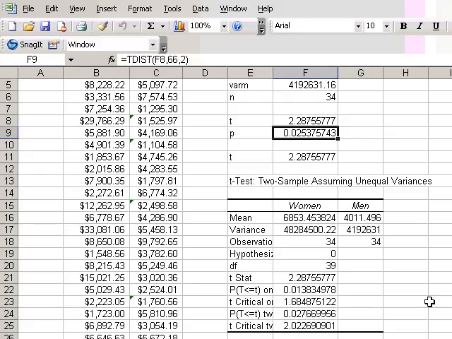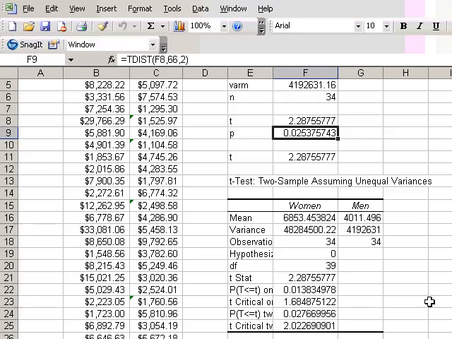In general, if you have unequal variance, as shown by the F-test, the two-sample assuming unequal variance add-in is the appropriate add-in because it calculates the appropriate degrees of freedom.